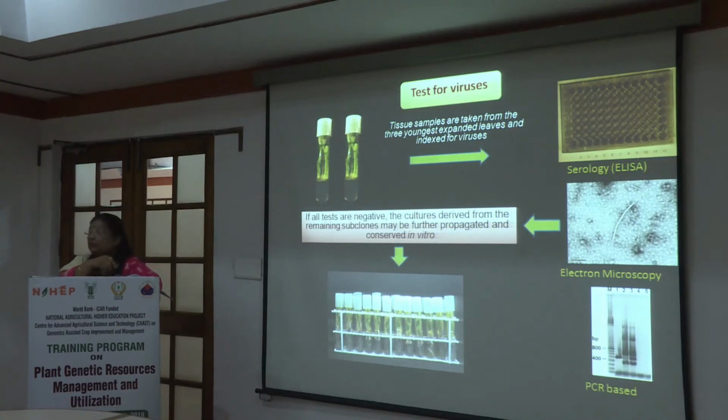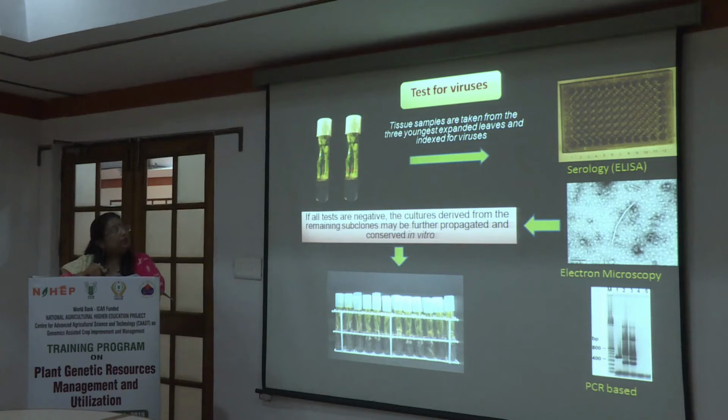Once we have a bacteria-free culture, it is multiplied in such a way that 6 or 7 plants are made from one explant, and typically 2 explants will be given to a laboratory for virus indexing. It can be in the same institute like we have over here, or sometimes people send it to another institute. That depends on the situation.